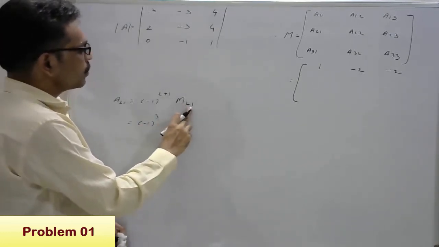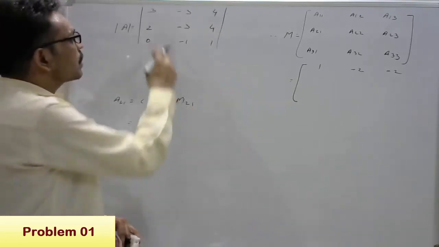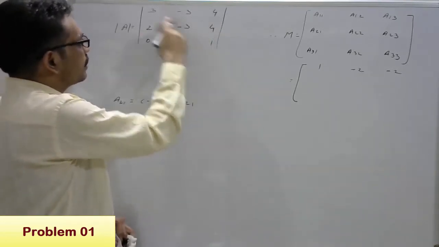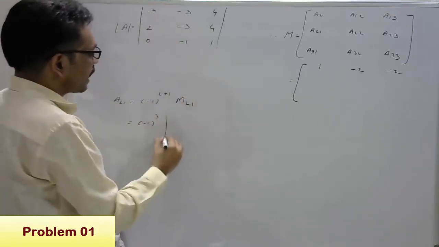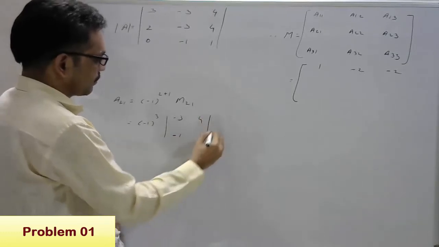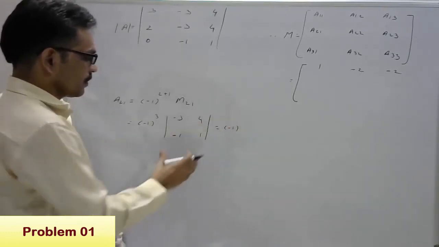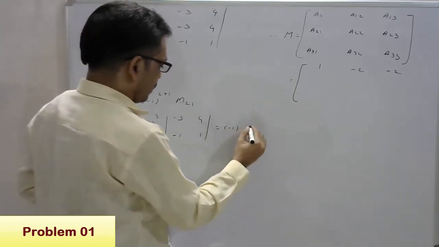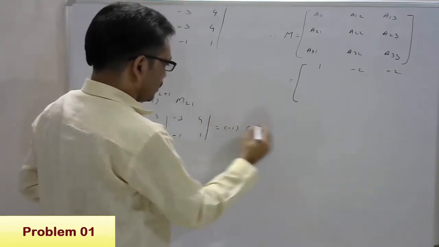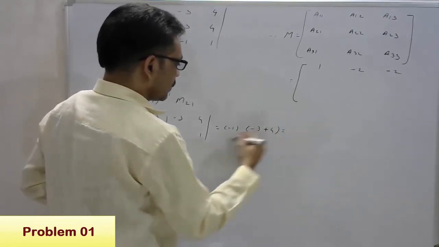The minor M21 is a determinant obtained by deleting the second row and first column. Therefore, the elements are minus 3, 4, minus 1, 1. Then this is equal to minus 1 into this determinant, minus 3 plus 4, which is equal to 1, that is equal to minus 1.